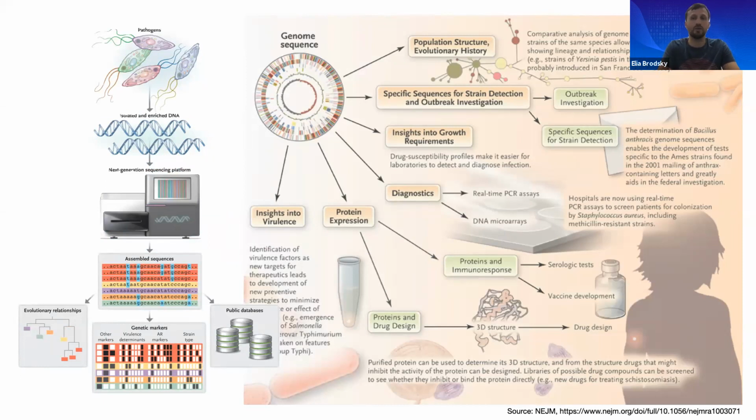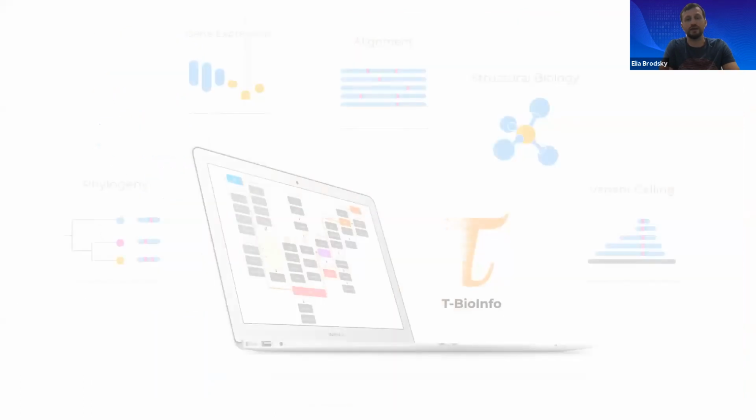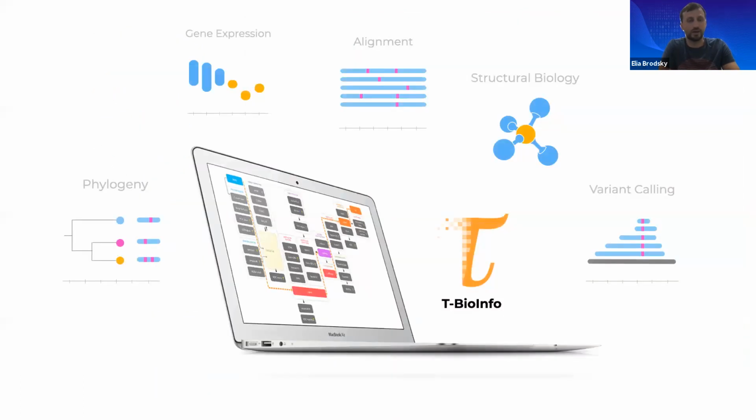One of the things we have to do to really utilize this data to gain those insights is turn to the methods of analysis, because ultimately raw data cannot be used in any way to make conclusions about the pathogen itself. So right now I want to give you an example of a particular project that we will briefly take a look at using the Tbio platform.